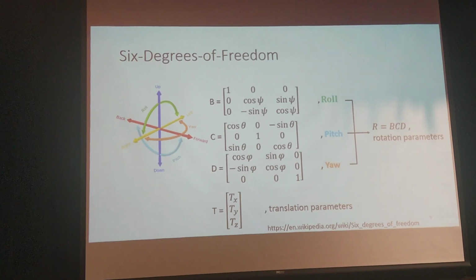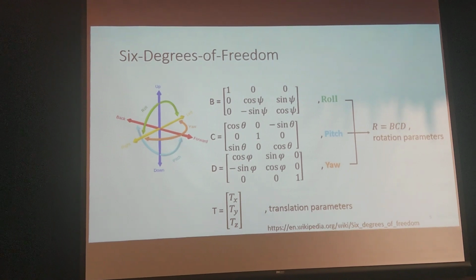The left figure describes the degrees of freedom of motion that a rigid object can do. These motions can be represented as a matrix. For example, the roll motion is expressed as a matrix which rotates about the x-axis.